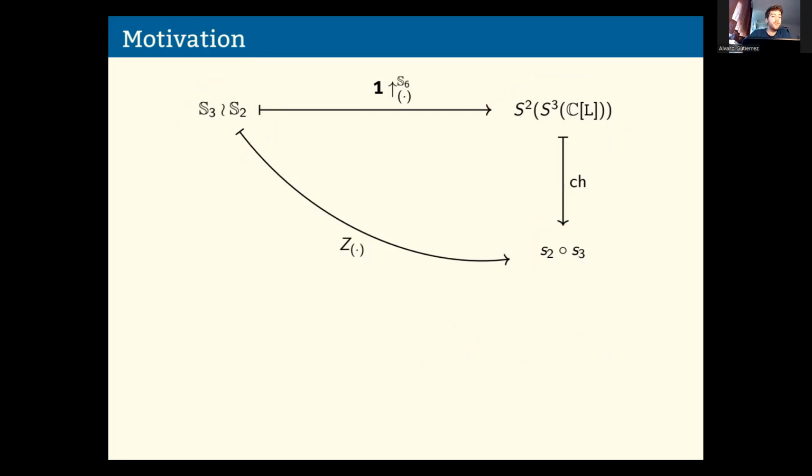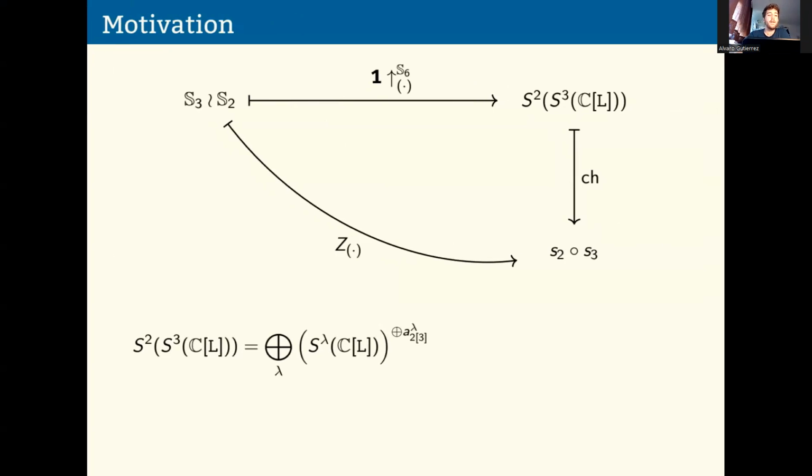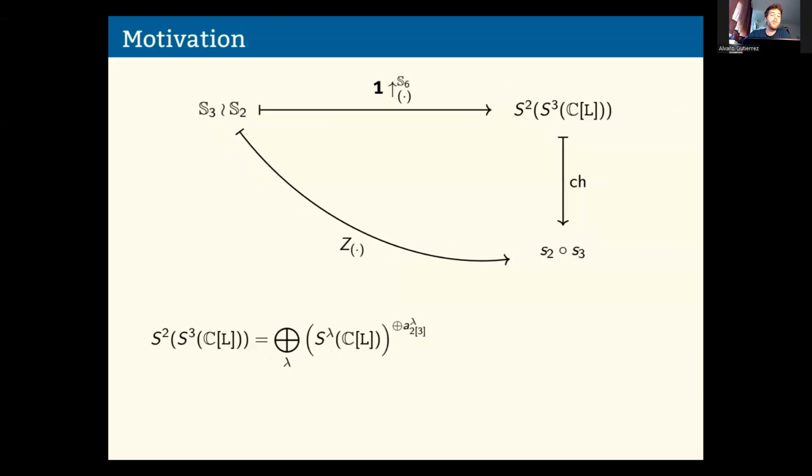And this translation is good in the sense that in representation theory, we normally want to study representations by breaking them up into irreducible representations, as shown in the formula. Each irreducible representation is indexed by a partition, and each irreducible representation appears a number of times, which I call this a coefficient.